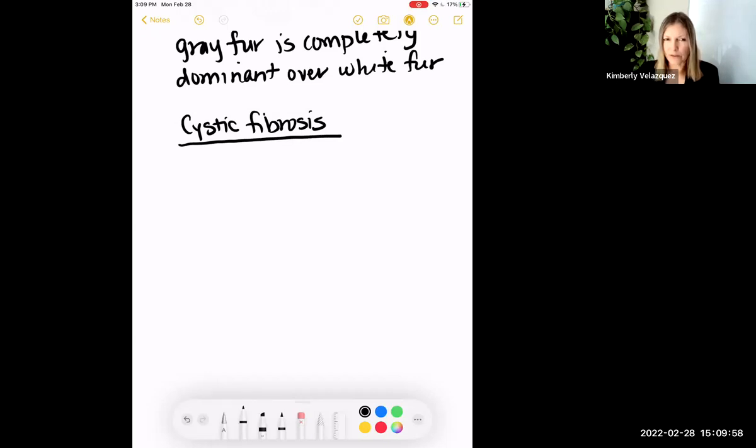Cystic fibrosis follows this pattern of complete dominance. And in this pattern, big C is normal. I'm doing this really exaggerated because this letter C is really hard to distinguish between the capital and the lowercase. Little c is going to be cystic fibrosis.